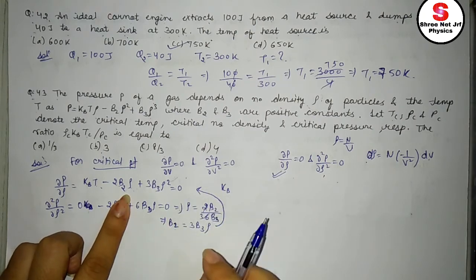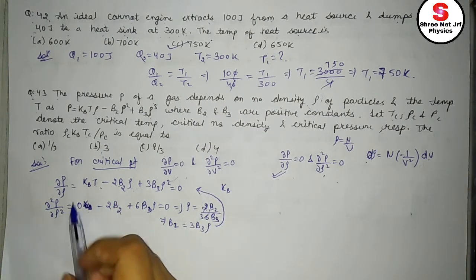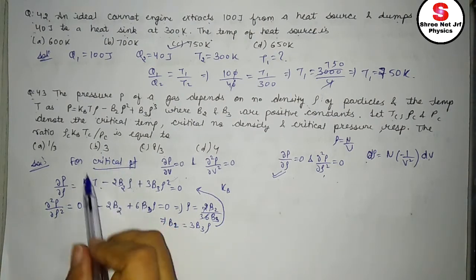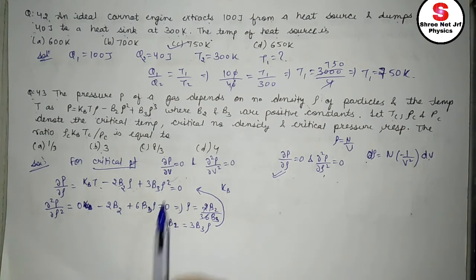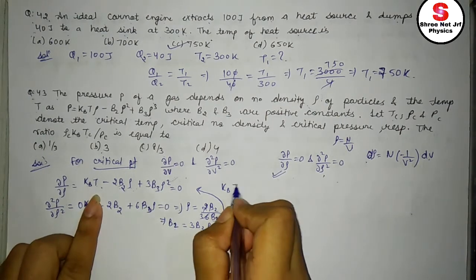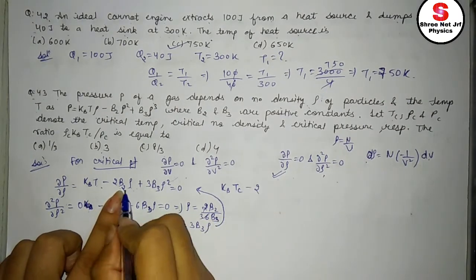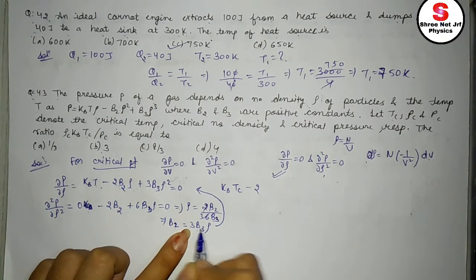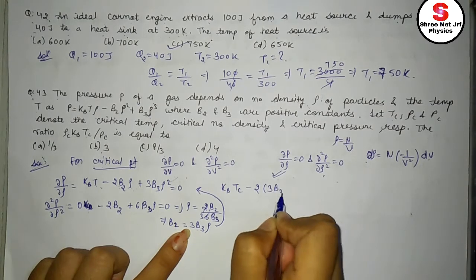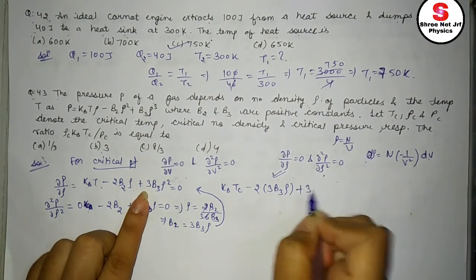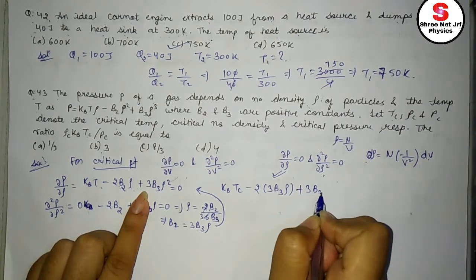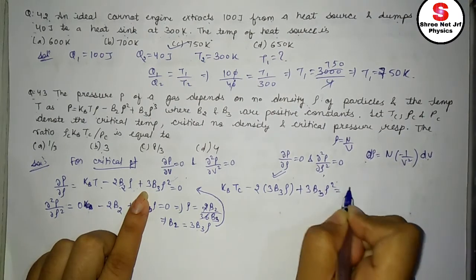I am not writing it again and again, you just understand it yourself, because I am already talking at the critical point. So all these parameters are critical parameters. KB Tc minus 2 B2, what is the value of B2 I found? 3 B3 ρ, plus 3 B3 ρ square equals 0.